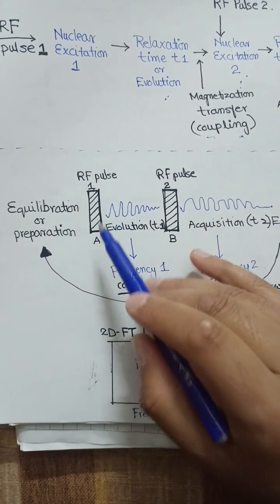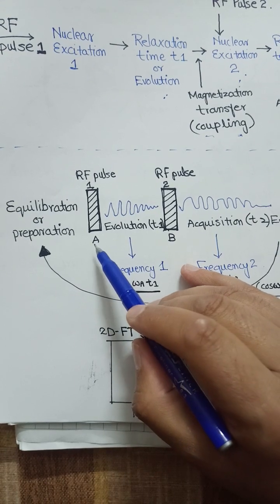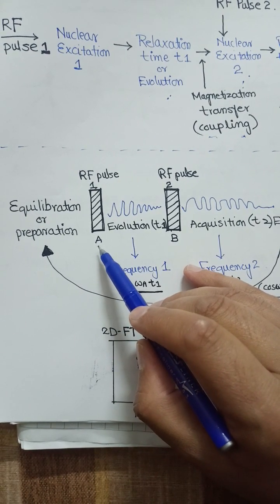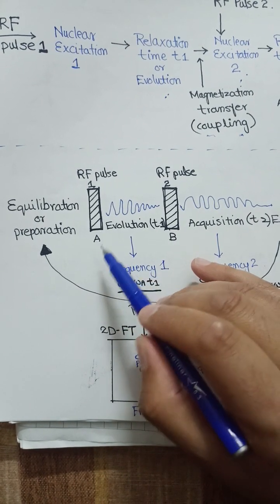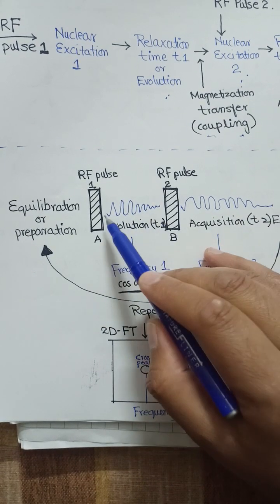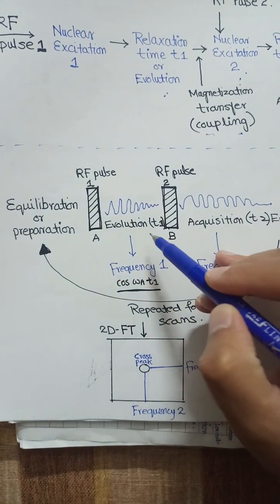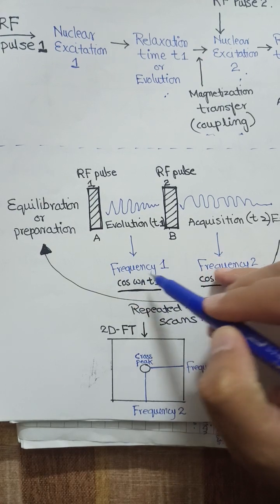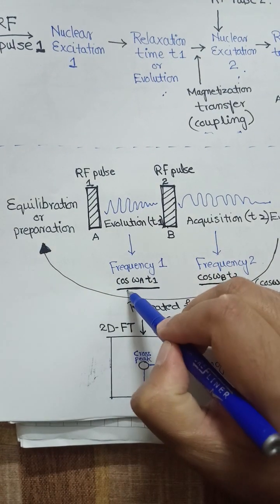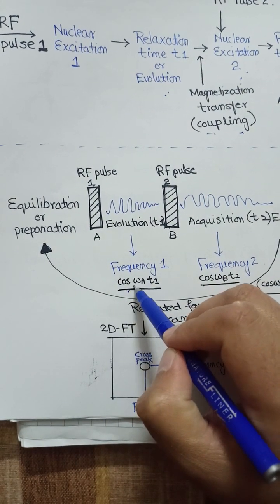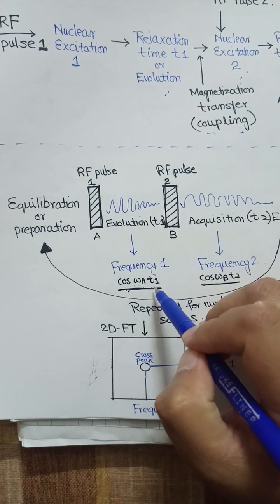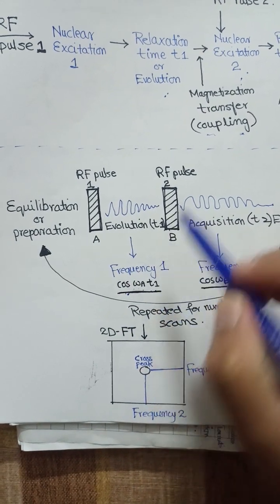When the RF1 pulse is applied, there will be excitation of, let's suppose, proton A, and after evolution we get a sinusoidal curve, which provides frequency 1, equal to cos omega A T1, where T1 is the time for evolution.